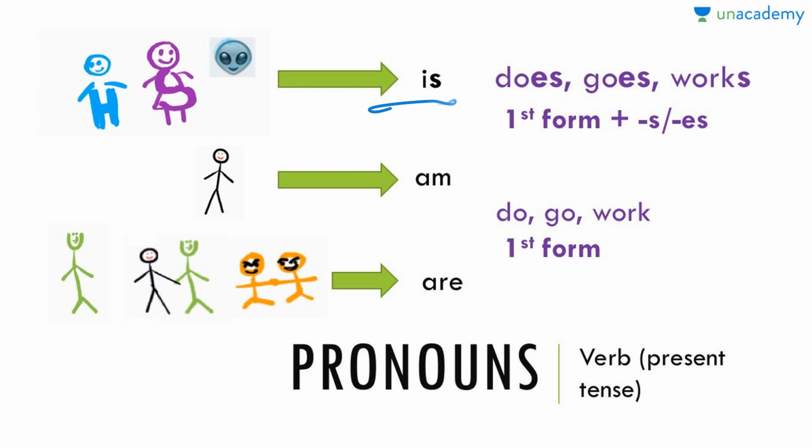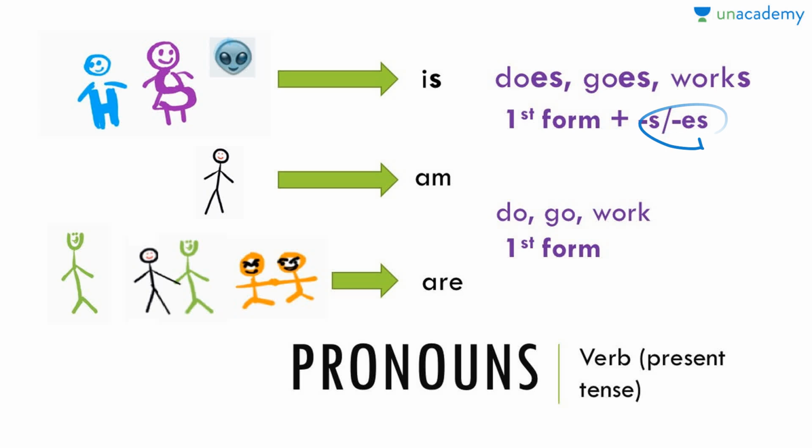So he, she, it always are used with is. He is, she is, it is. And when you're using a verb other than is, you could use the first form of the verb and add an S or es. Always remember it. And a little clue to remember that with he, she, it only you use this additional S or es.